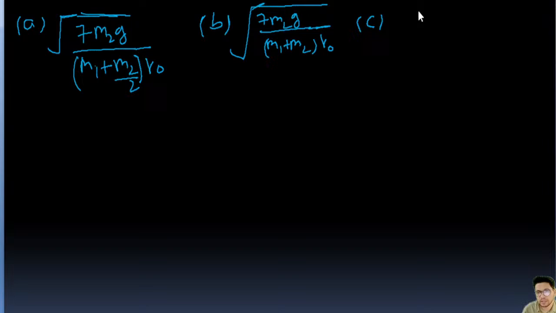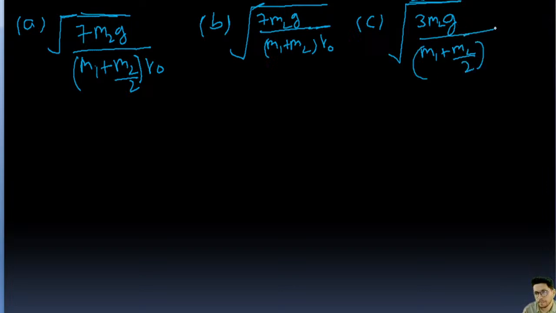Option C is root 3m2g upon m1 plus m2 by 2 r naught.